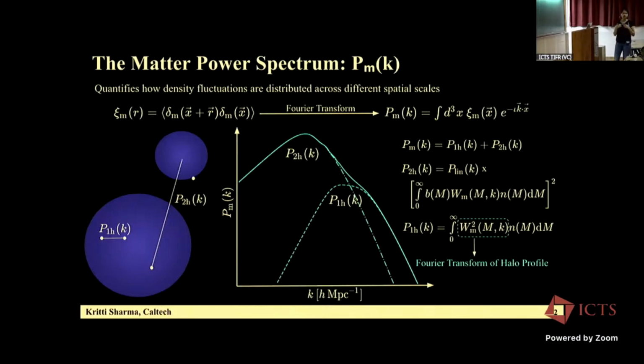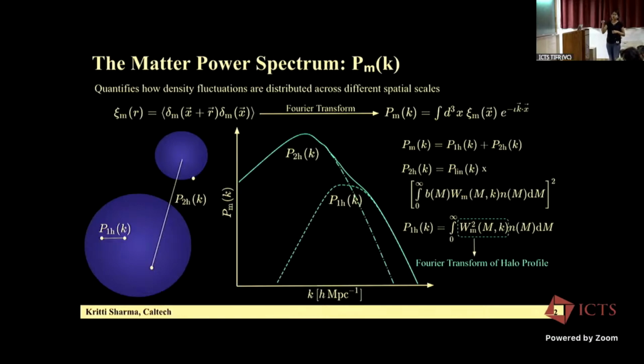Theoretically, if you assume that all the matter in the universe is in halos of a certain size, then you would expect the matter power spectrum to have some contribution from clustering of halos at large scales, which is usually coined the two halo term. You can imagine these blue circles as denoting halos, and then you have a contribution from clustering at large scales. You would also expect some contribution from clustering within the halos, which is the one halo term.